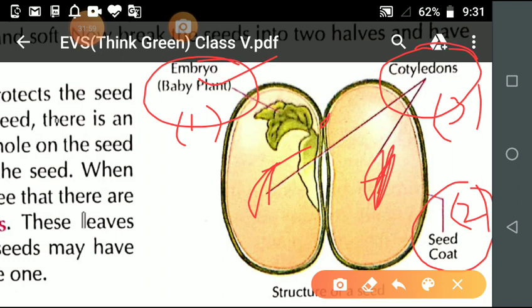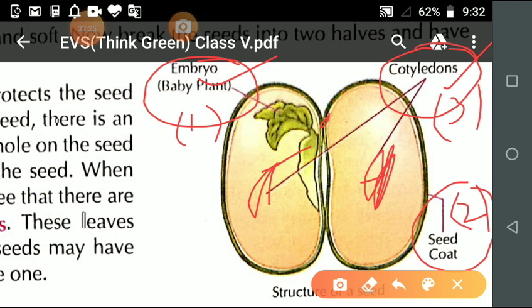The part of a seed which develops into a new plant at the time of germination is known as embryo. The outer protective layer of the seed is called seed coat. This is the second part. And what is the role of this third part, cotyledons? These are the stored food, and this food is for the growth of the embryo.